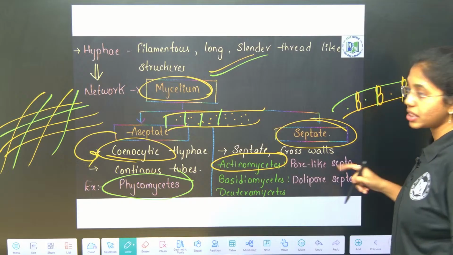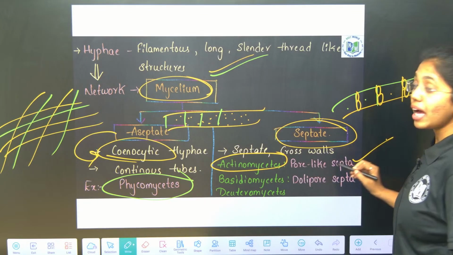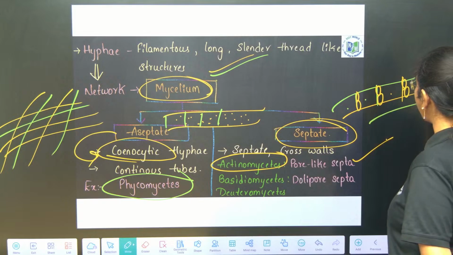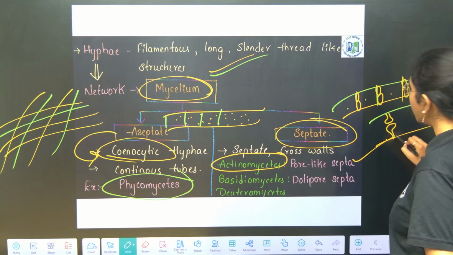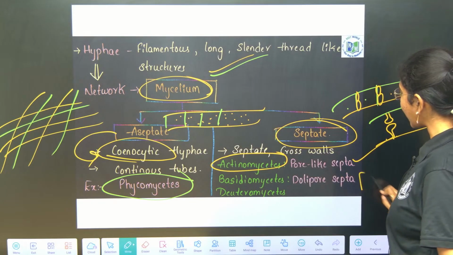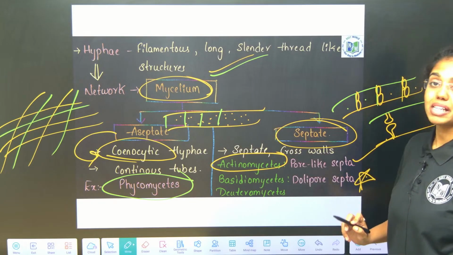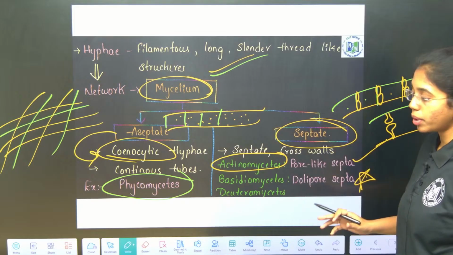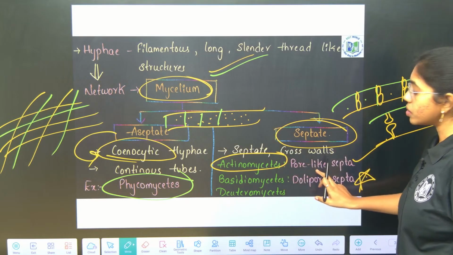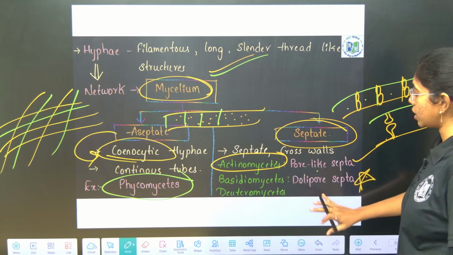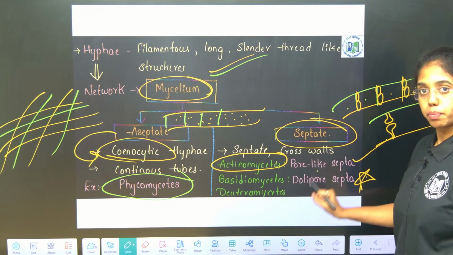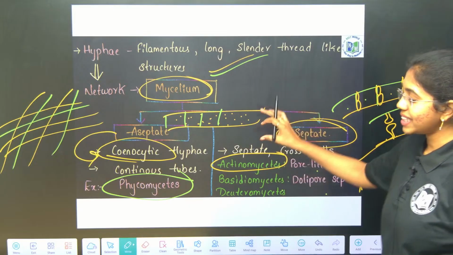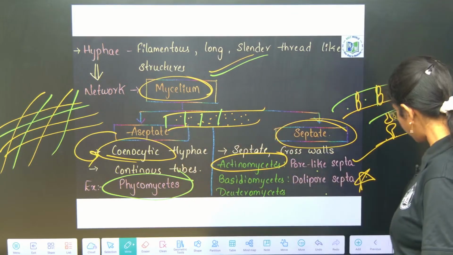Basidiomycetes will have dolipore septa. This is the characteristic feature of the Basidiomycetes and Ascomycetes. You have to remember. Ascomycetes have pore-like septa, Basidiomycetes dolipore septa, and Deuteromycetes is also septate mycelium. This is about mycelium separation, aseptate and septate.